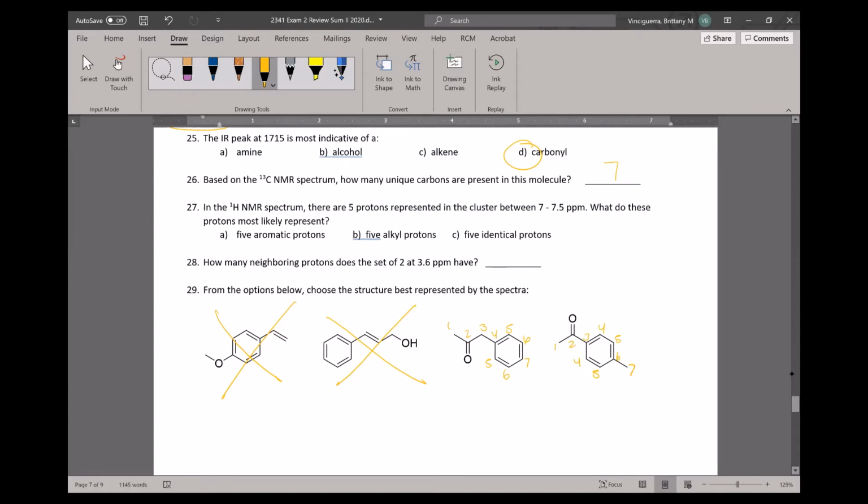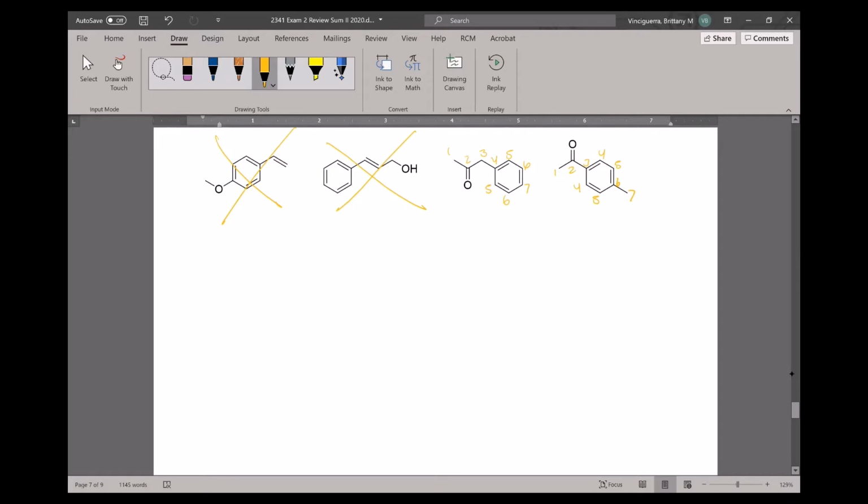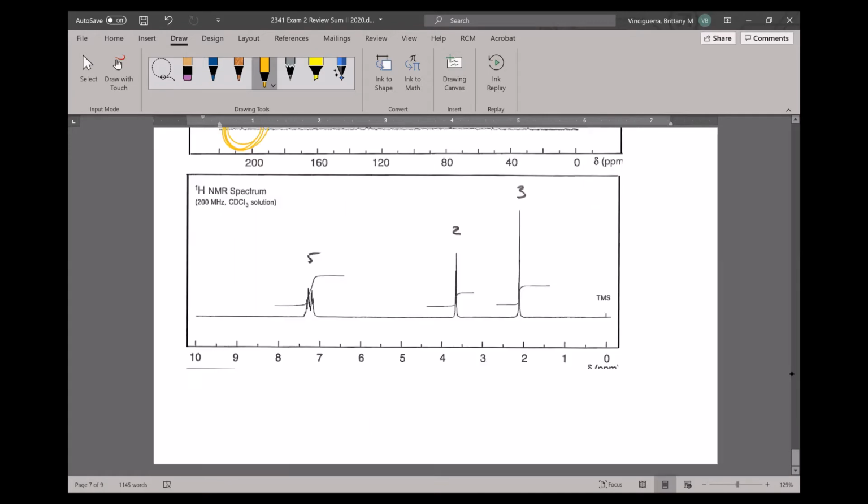The next question says, in the proton NMR spectrum, there are 5 protons represented in the cluster between 7 and 7.5 ppm. What do these protons most likely represent? So you shouldn't necessarily have to look at that given the range, but what would these protons represent? It says 5. 5 identical.